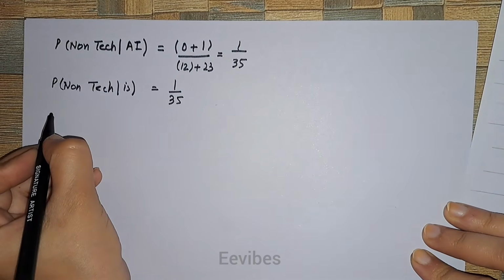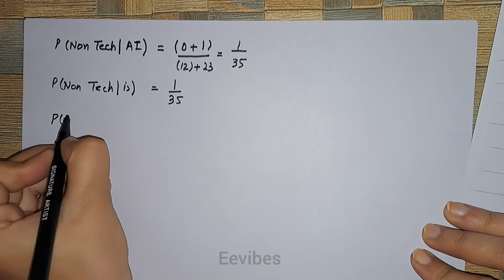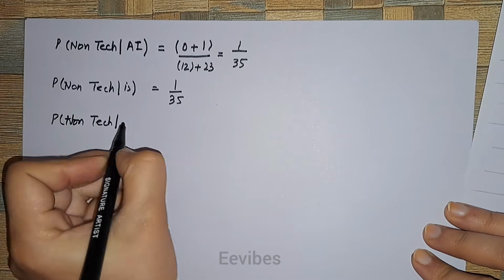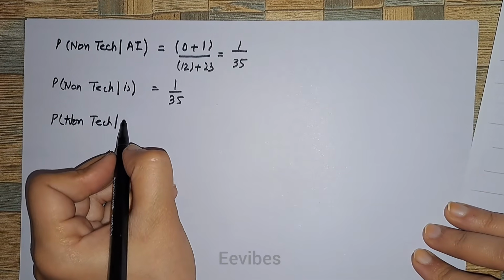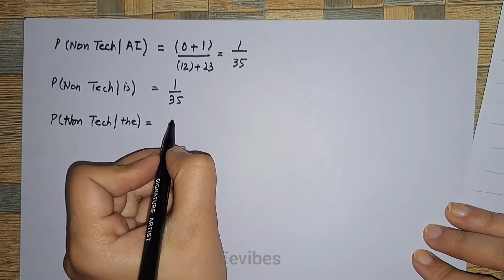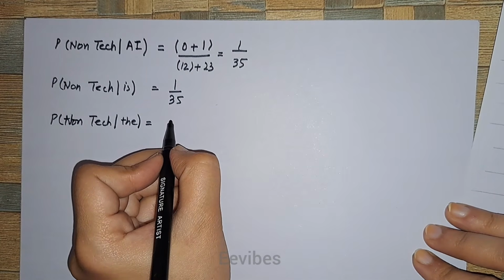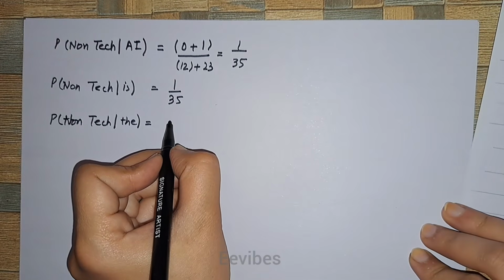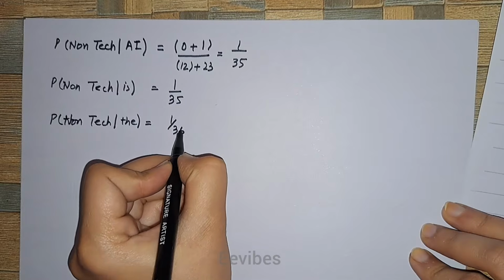Now for the next word, the probability of non-tech given that the word is "the" is equal to, since the count is again 0, also 1 over 35.